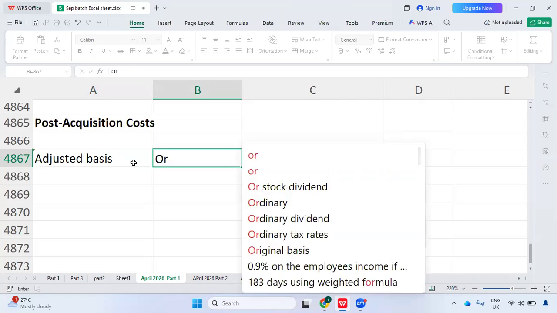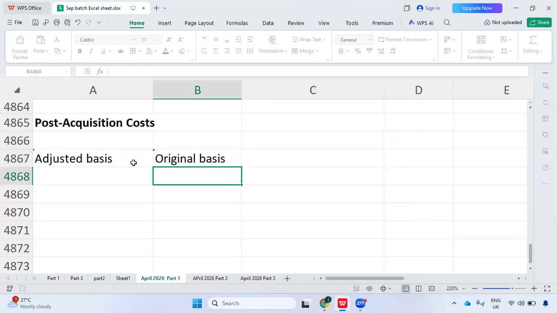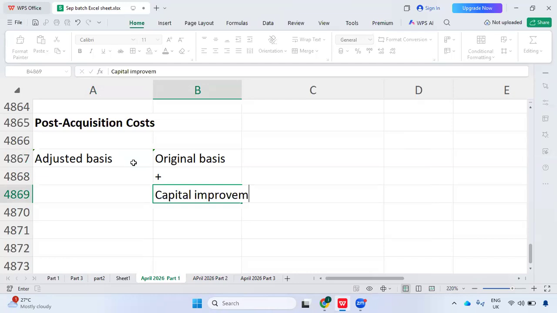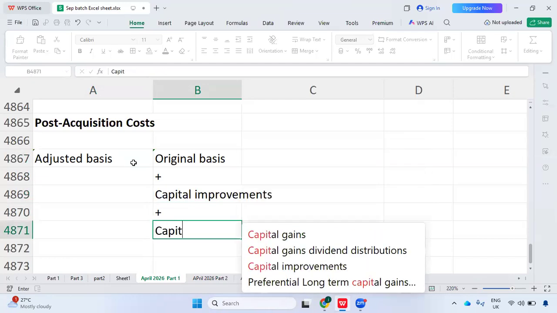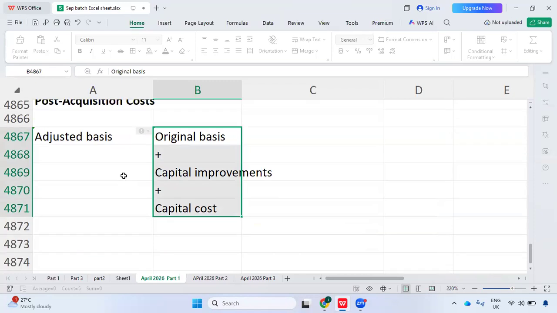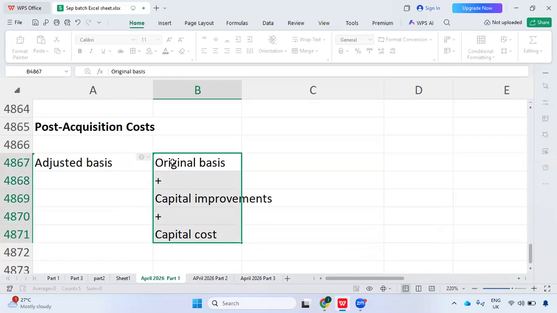First we see the original basis, and to this we add capital improvements, and also some capital cost. All these will be part of the adjusted basis. Adjusted basis is very important in the calculation of capital gain. To understand unit 7, you need to understand unit 6. Unit 6 is all about calculating the basis.